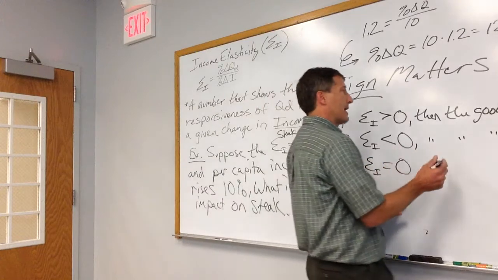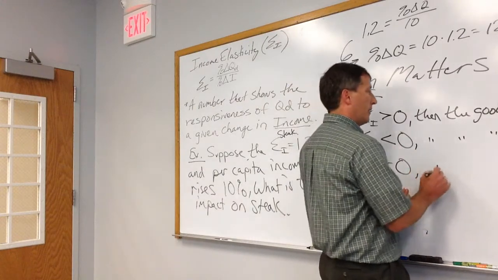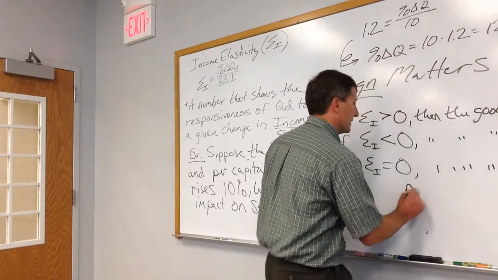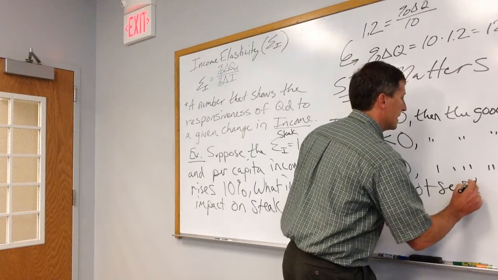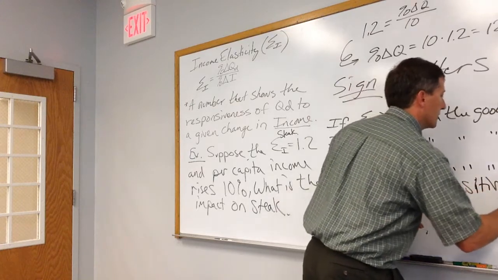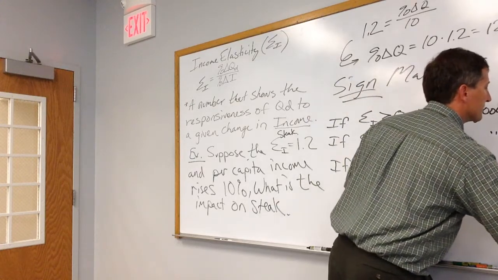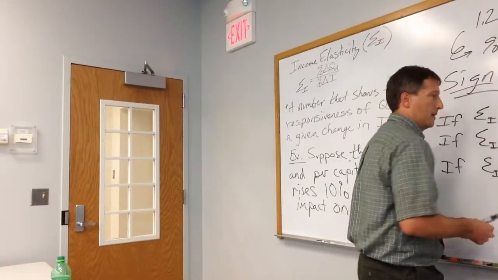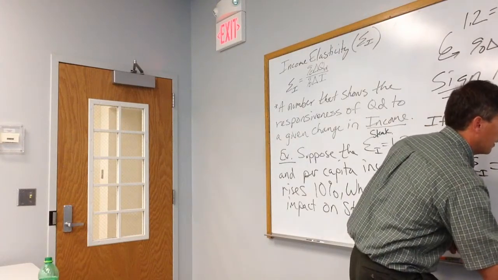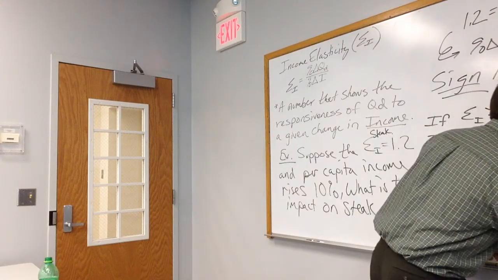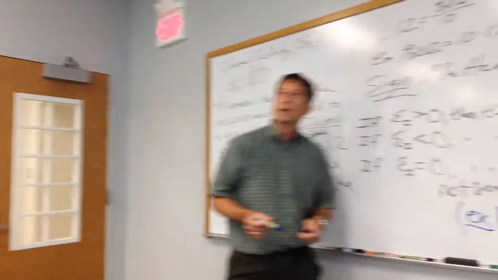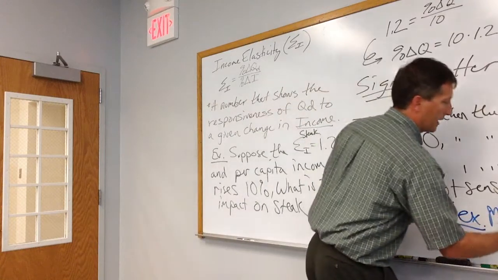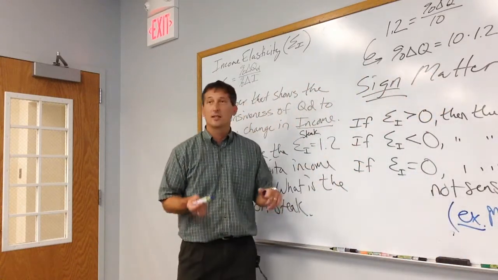So if the income elasticity is equal to 0, then the good is not sensitive to income changes. Example, milk. People tend to consume the same amount of milk whether they're rich or poor. And so those income elasticities will tend to be close to 0.